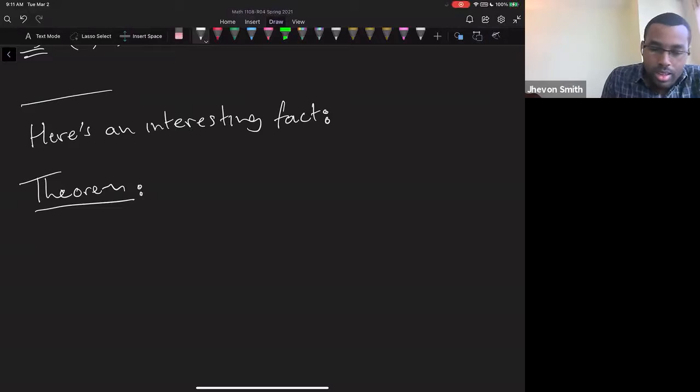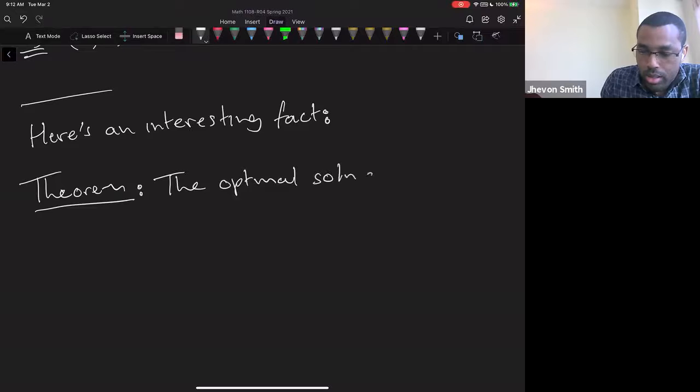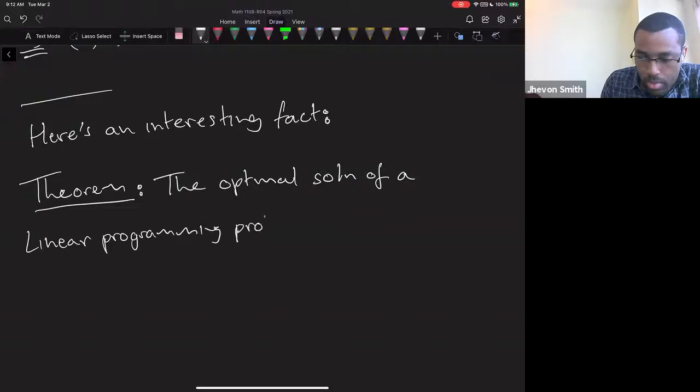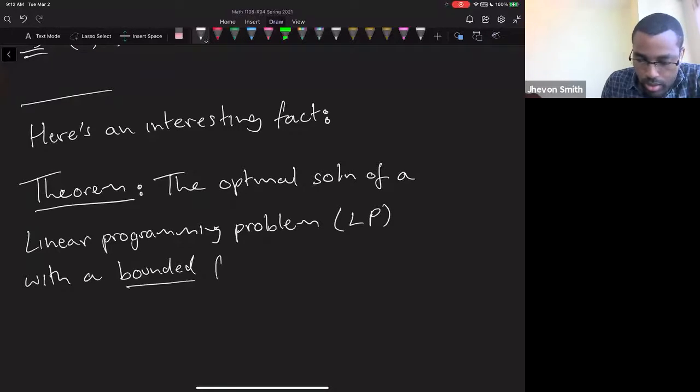The optimal solution of a linear programming problem, which I'll abbreviate LP from now on, that's very common, with a bounded feasible region.